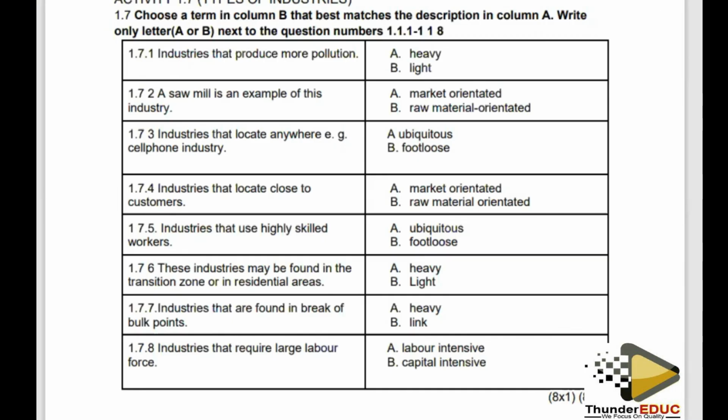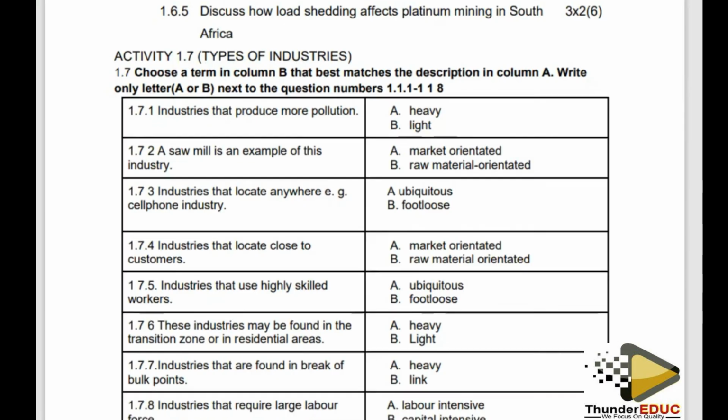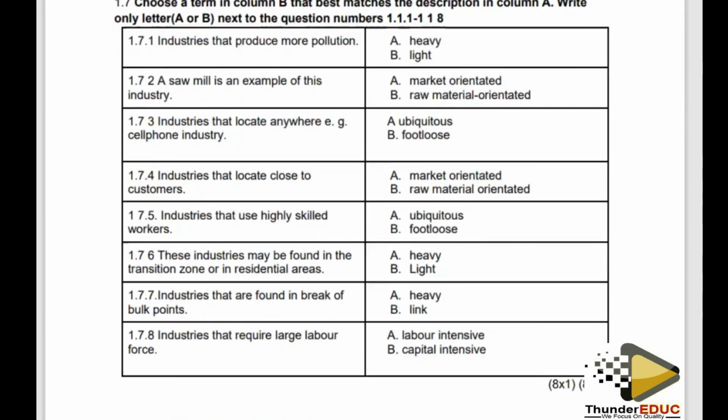Okay, activity 1.7 talks about choosing a term in column B that matches the description in column A. All right, so they say industries that produce more pollution.